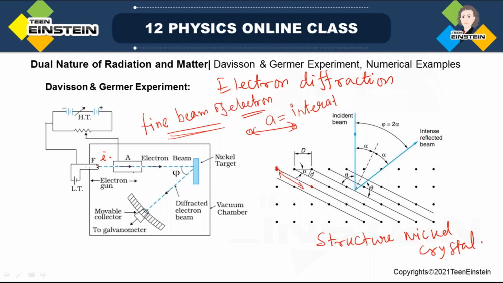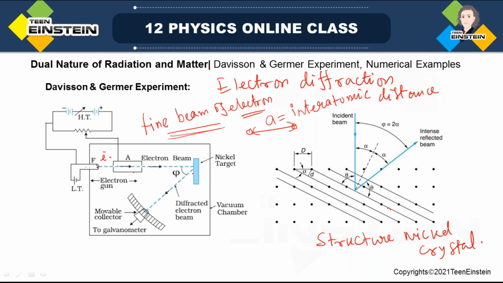You will learn this in higher classes. And the distance between consecutive planes is denoted by small d, and that small d is called the interplanar spacing. As you can see here, the interplanar spacing is this d, the spacing between the two planes.